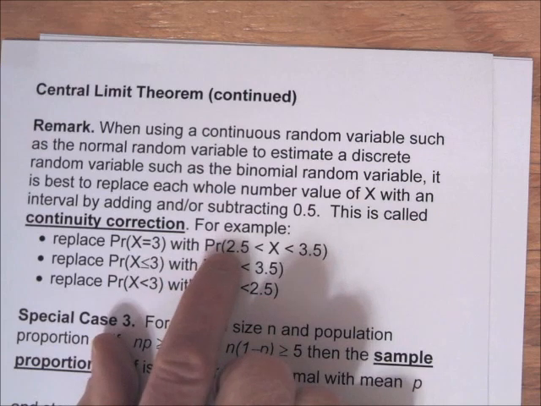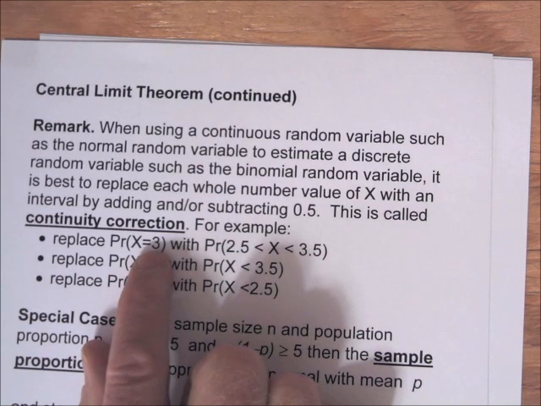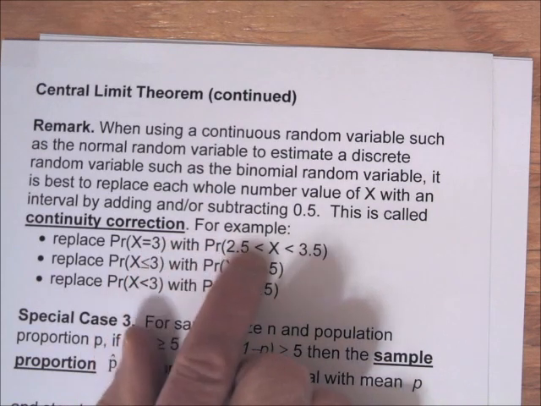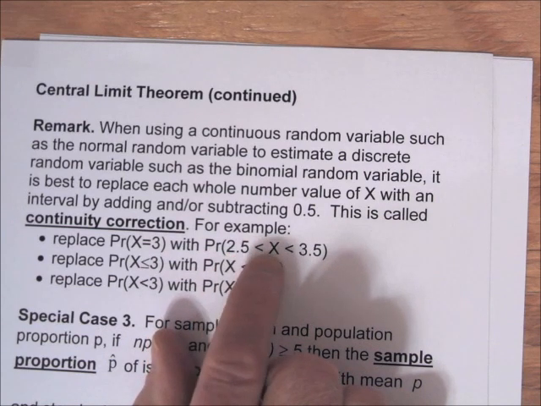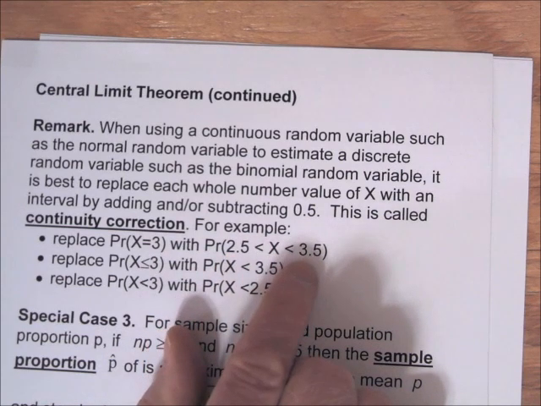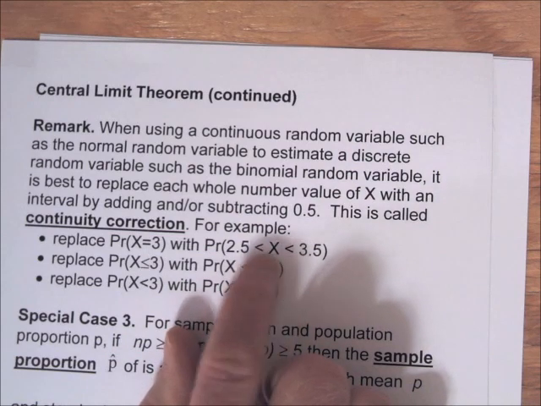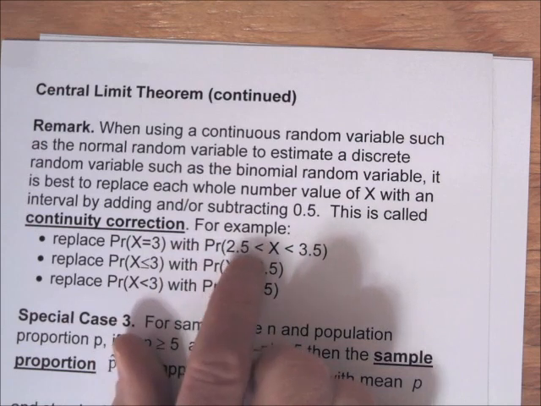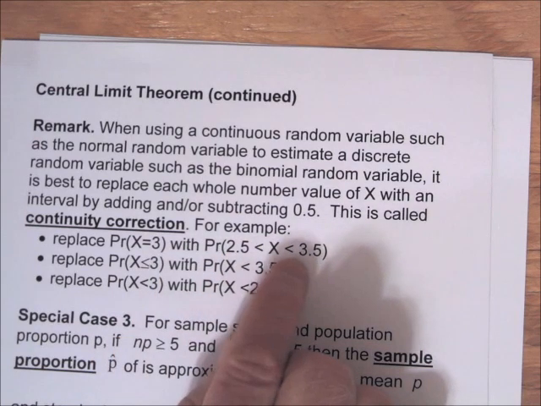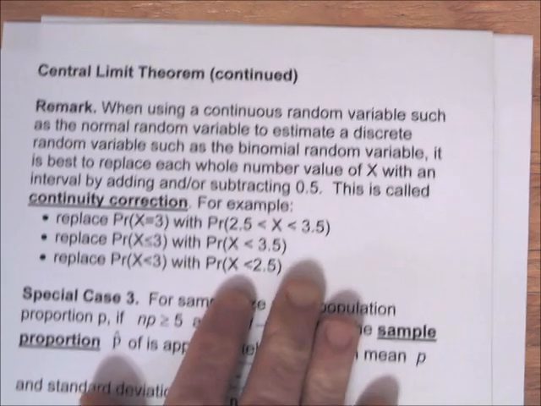But if you make this into an interval by adding and subtracting 0.5, so you write this as the probability that x is between 2.5 and 3.5, and that way you replace x with an interval, then if you compute the z-scores, you'll get an accurate estimate there.